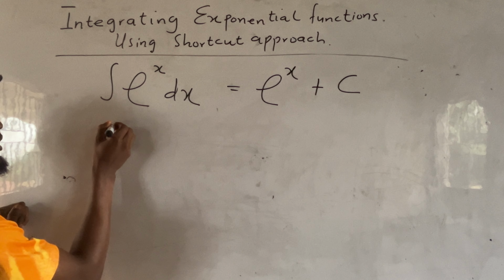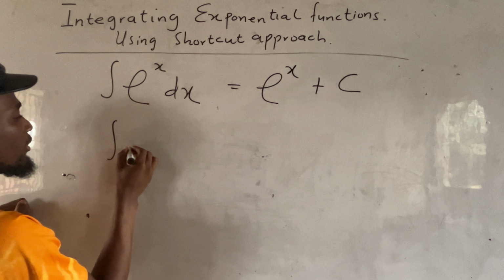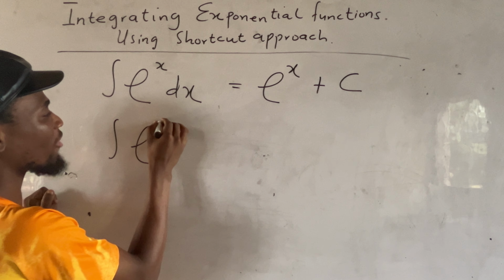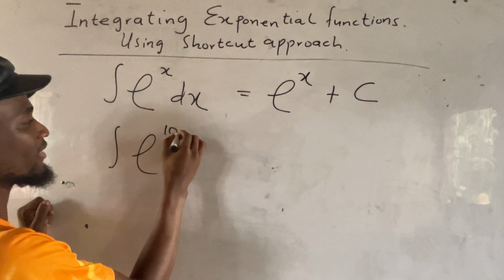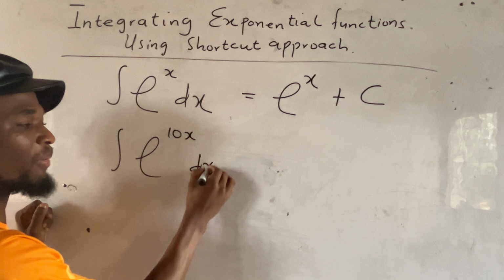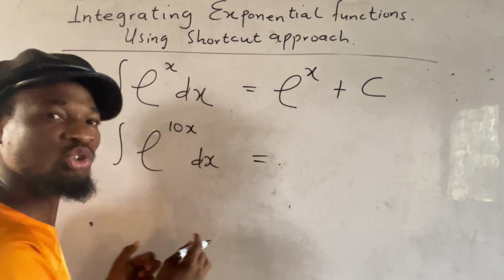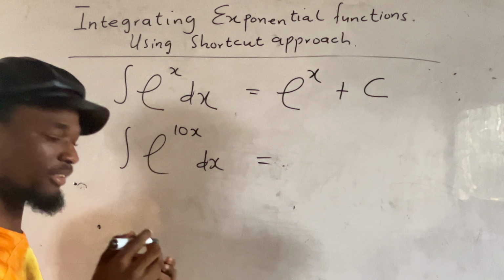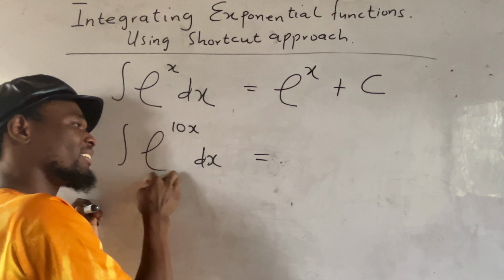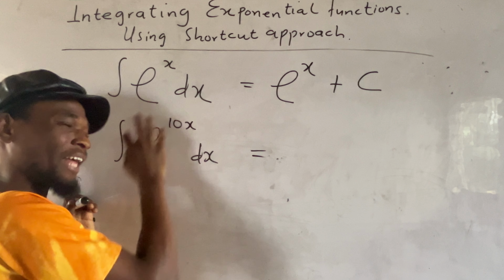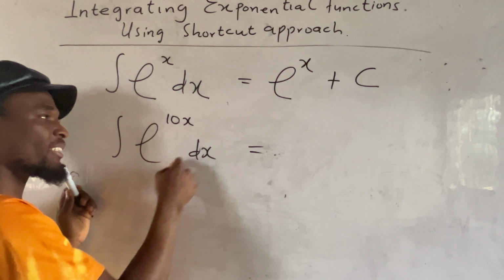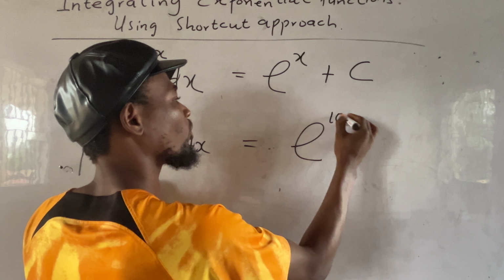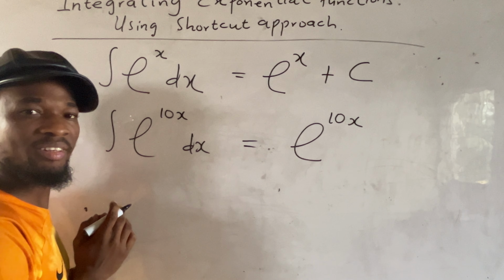When I have exponential of any number at all, let's say you have e to the 10x with respect to x. Using the shortcut approach, you repeat this whole term, which is my exponential 10x. That's the first step.